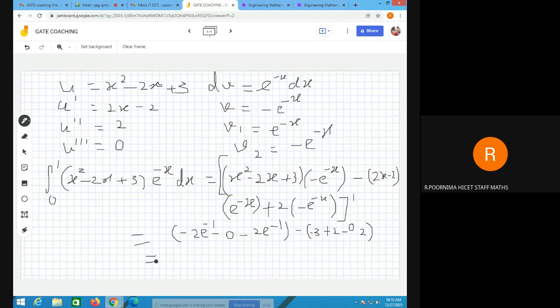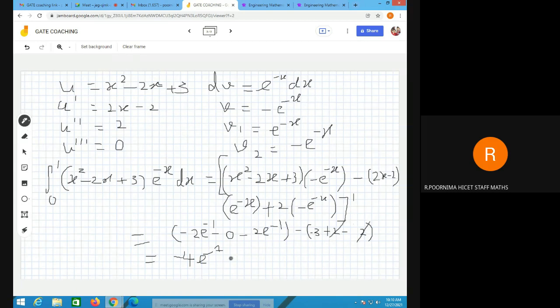So which implies minus 4 e power minus 1. The next term here is actually minus minus plus 3. So this plus 2 and minus 2 get cancelled, no?